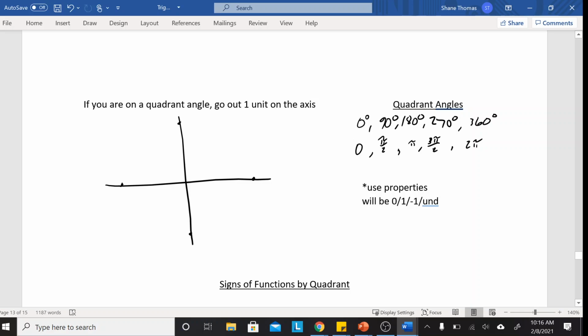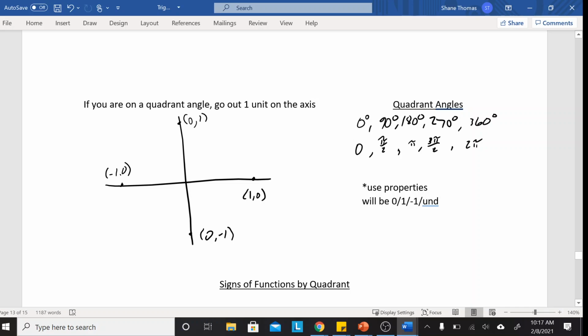So what you would use if you wanted the sine of 180 degrees, for instance, you would just use a point here. But we just go out 1 point the whole way around. So this point would be (1, 0). This point would be (0, 1). This one would be (-1, 0). And then this one would be (0, -1).